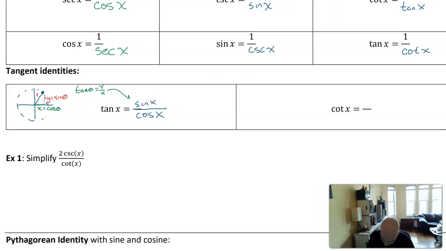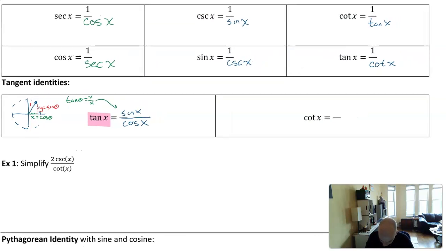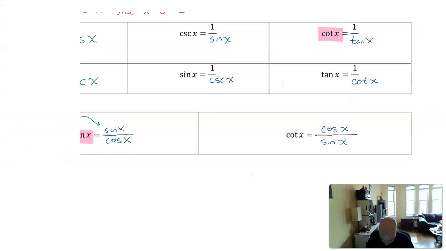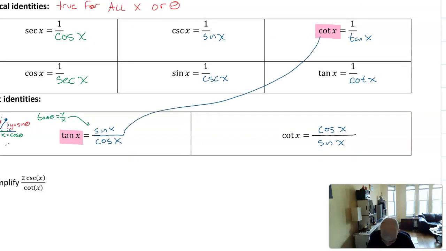And kind of combining two ideas, if we know tangent is sine over cosine, and cotangent is 1 over tangent, then it also must be true that cotangent is cosine over sine. So that's the tangent identity for cotangent. It's cosine over sine. And a cool thing just happened: we used two identities to prove a third one.